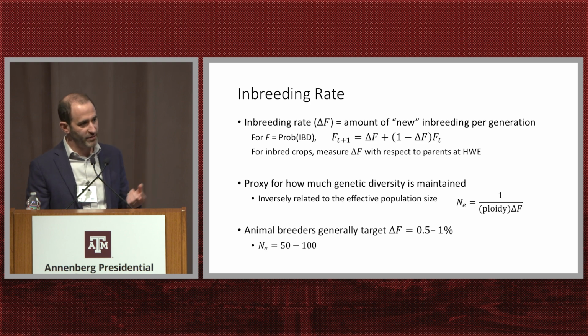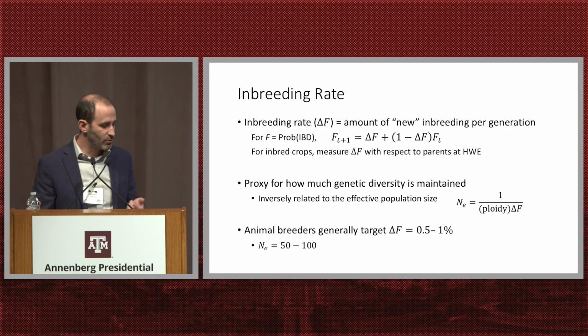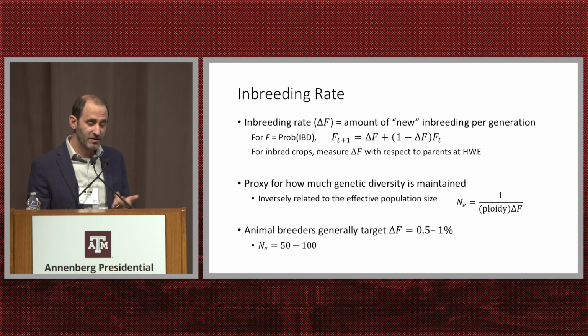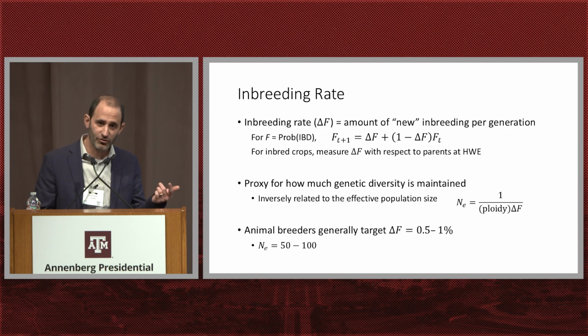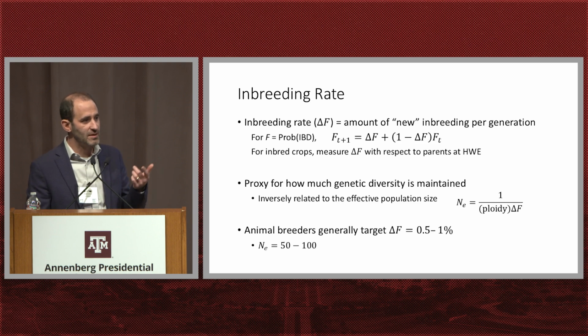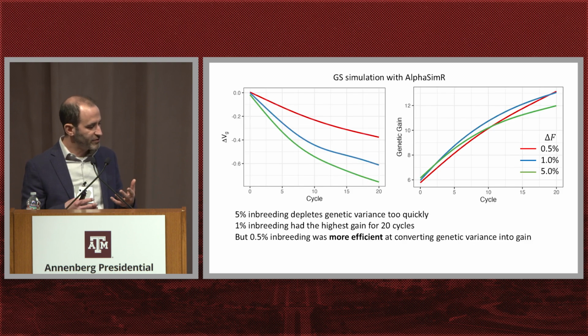That's, again, the probability of new IBD per generation, and that works out to, for a diploid, an effective population size of between 50 and 100, which I would guess is something that seems reasonable to a plant breeder. For tetraploids, those numbers are half that number. So anyways, hopefully this is not seeming too foreign to you.